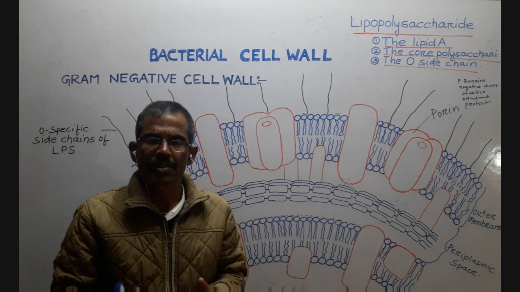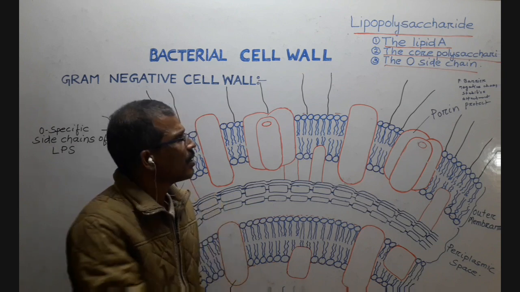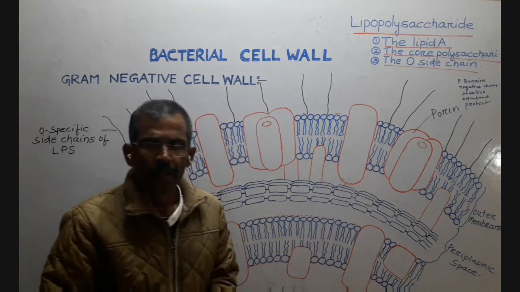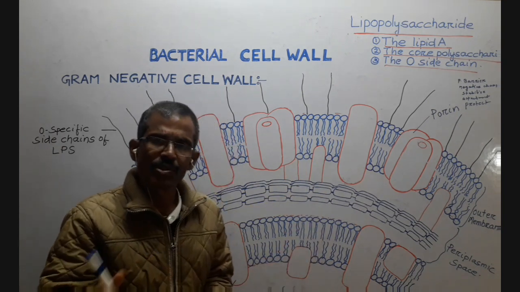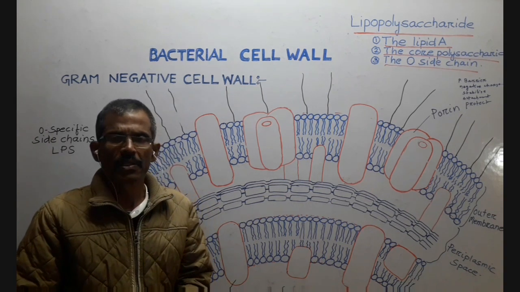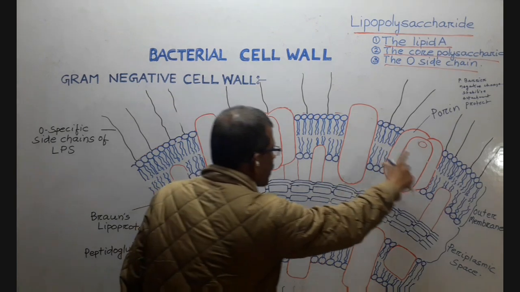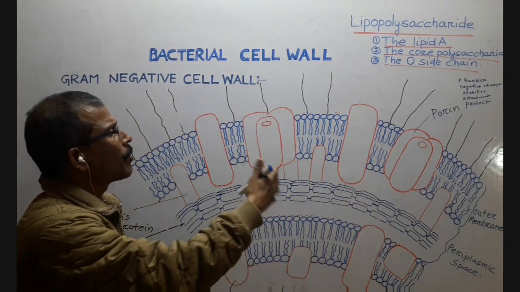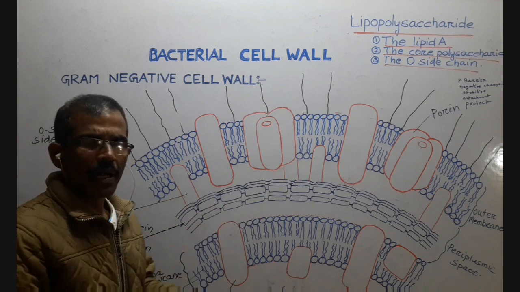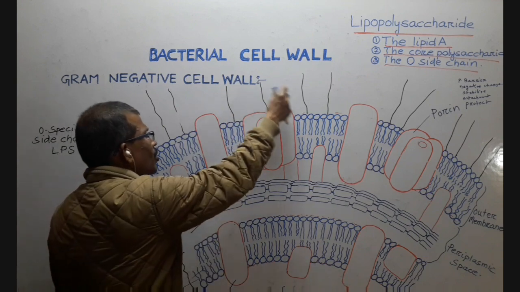A lipopolysaccharide molecule has three parts: the lipid A, the core polysaccharide, and the O-side chain. The fatty acid chains of lipid A are embedded in the outer membrane, and the remaining part, which includes the core polysaccharide and the O-side chain, projects from the surface.